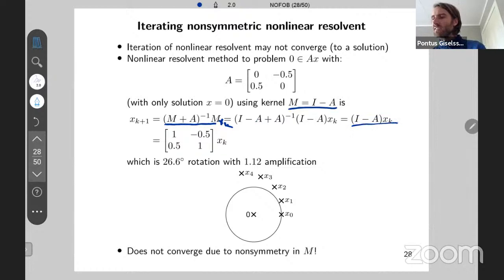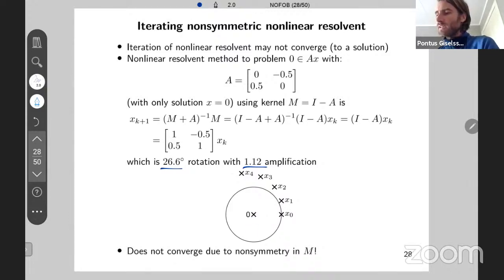So the only thing we have left is identity minus A. We should probably have flipped these two. This is a pure matrix iteration, and it's a 26-degree rotation and a 1.12 amplification. So in every iteration, we are 1.12 times further away from the unique solution 0 than we were before.